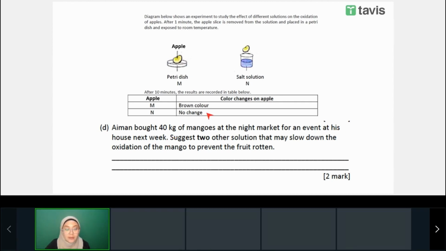That is a lot of mangoes. Suggest two other solutions that may slow down the oxidation of the mango to prevent the fruit from rotting.